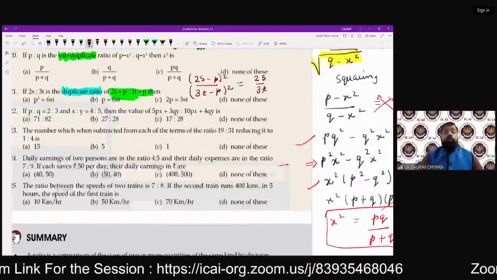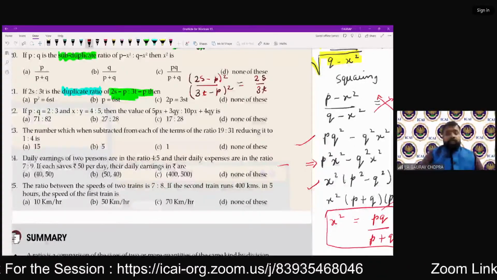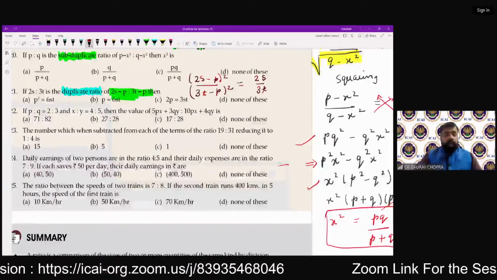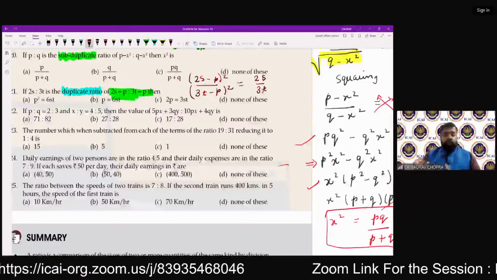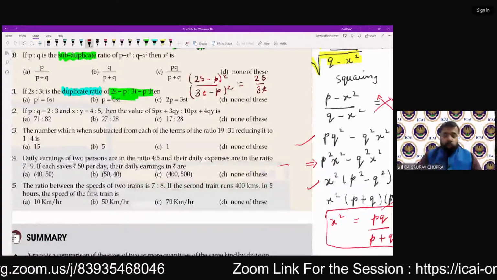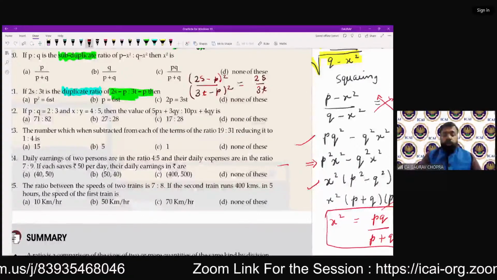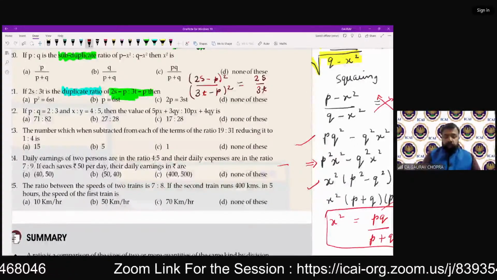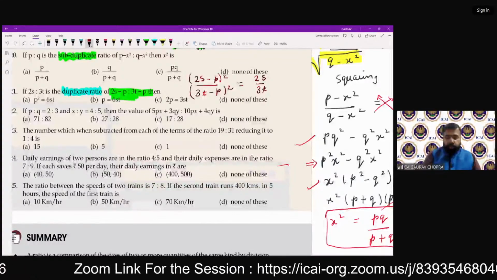Okay. Now, what do you have to find? The question has not told you to find this. The question has given the 4 options, and now you have to check which of these options is correct. Which of these relations is true? So what do you have to do now? Do the cross multiplication and get the result. So let's solve this.